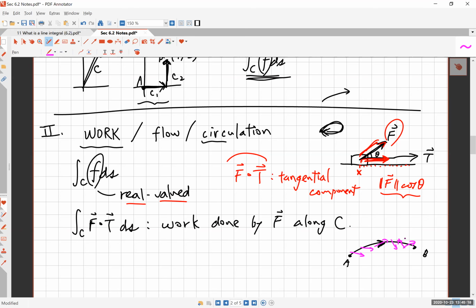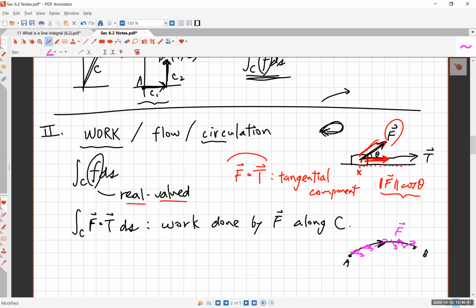And by the way, sailboats can actually go in the opposite direction of the wind. But anyway, the point is, if the wind is blowing, described by this vector field F, as the sailboat goes from A to B, the work done by F, the force field, which in this case is the wind, is described by how much of F is pushing this boat this way.